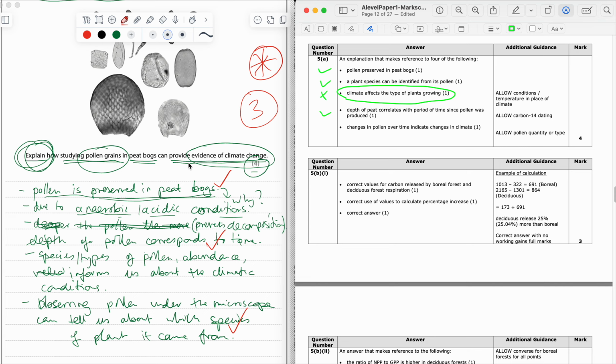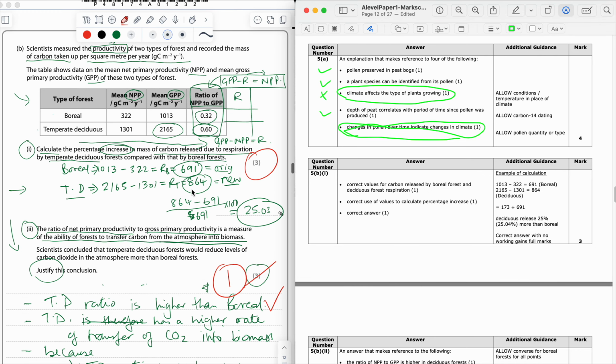But what I missed was this part here, which is how can this technique give us information about climate change. So those 2 marks on the mark scheme, I missed those. Okay, let's keep going.